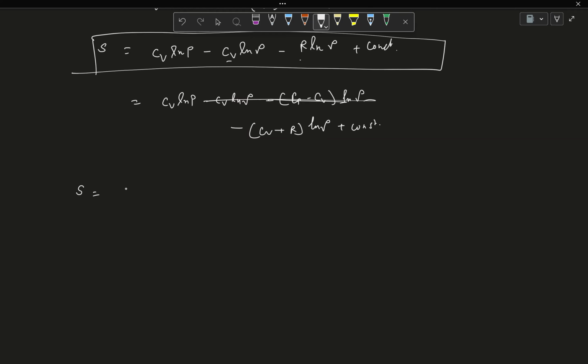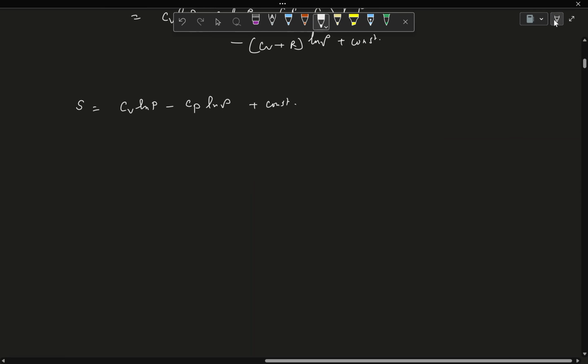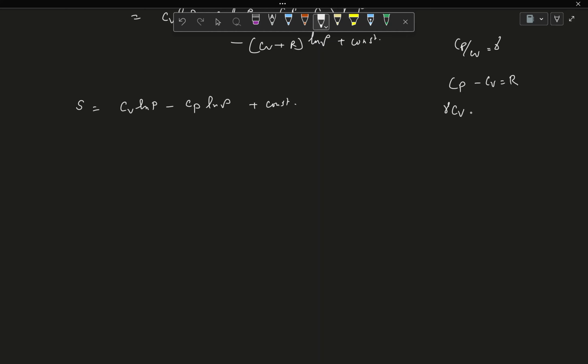So S is now Cv ln P, and Cv plus R is Cp, so Cp ln rho plus constant. Now Cp minus Cv is equal to R, that you know, and Cp by Cv is equal to gamma, the specific heat ratio. So gamma times Cv minus Cv is equal to R, or Cv into gamma minus 1 equals R, or Cv is equal to R by gamma minus 1.